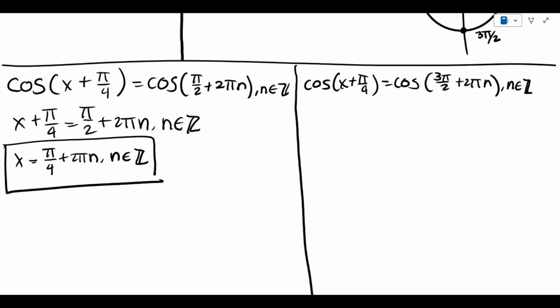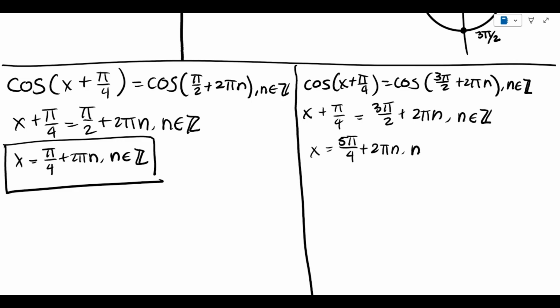That's the first one. Moving on to the second one. That's when x plus pi over 4 equals 3 pi over 2 plus 2 pi n, where n is an integer. So x equals 3 pi over 2 minus pi over 4. You just calculate that and you get 5 pi over 4 plus 2 pi n, where n is an integer.